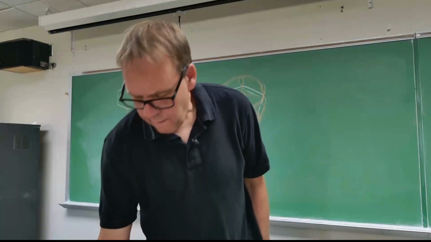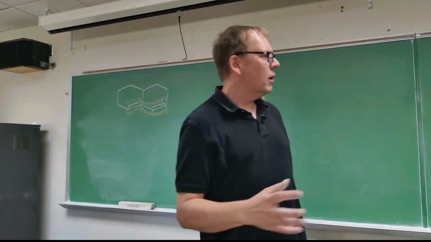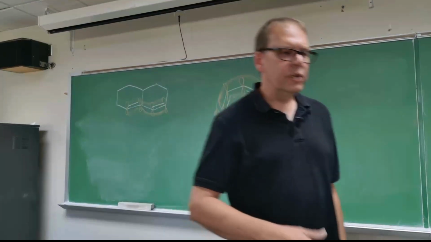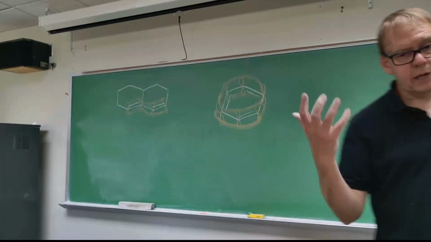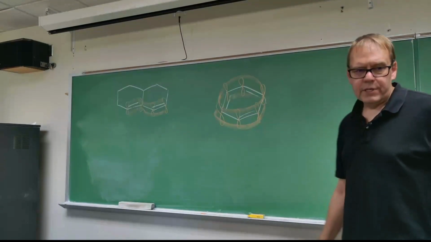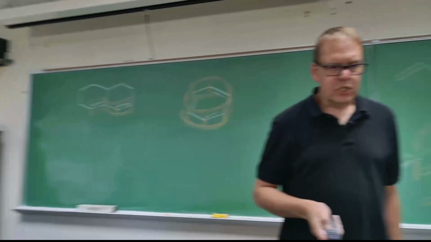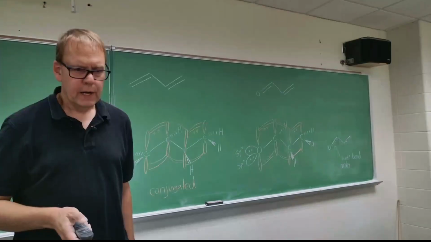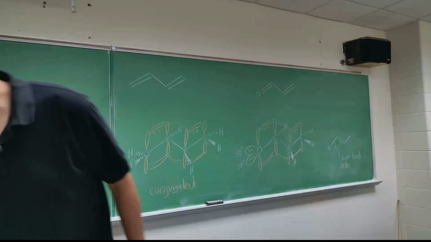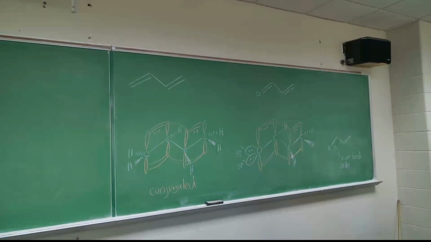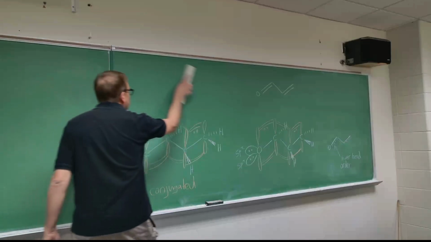Okay, let's talk about hybridization and geometry and resonance and conjugation. This is another important topic that we will learn some new things about in this chapter. There's a section in the book that talks about hybridization and geometry.